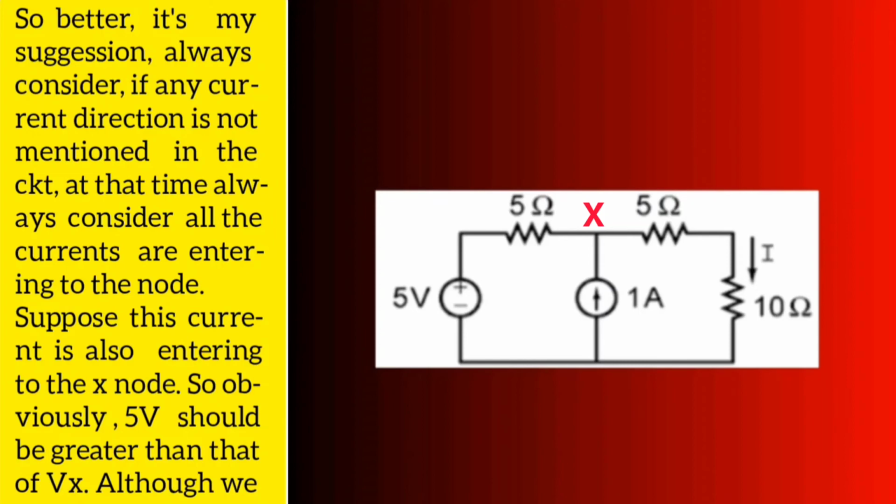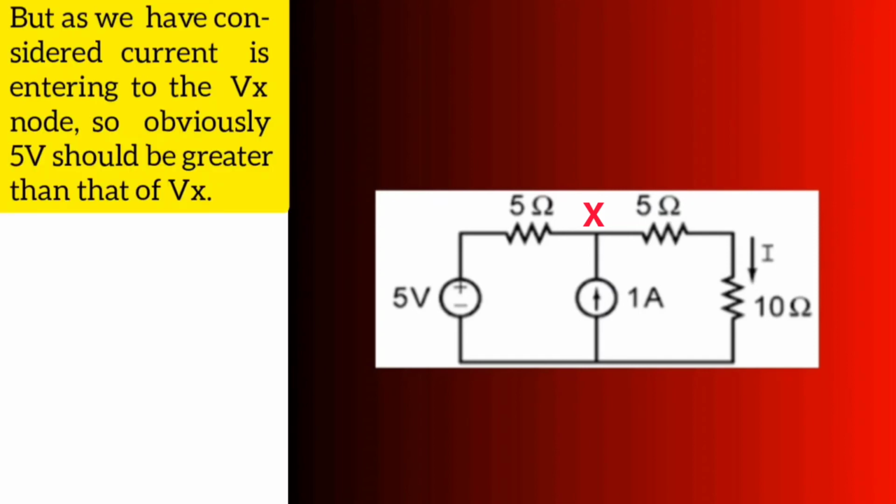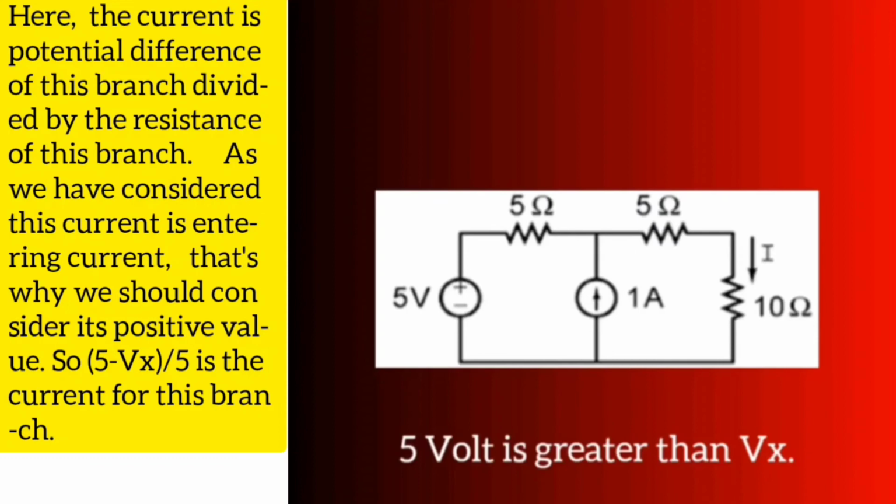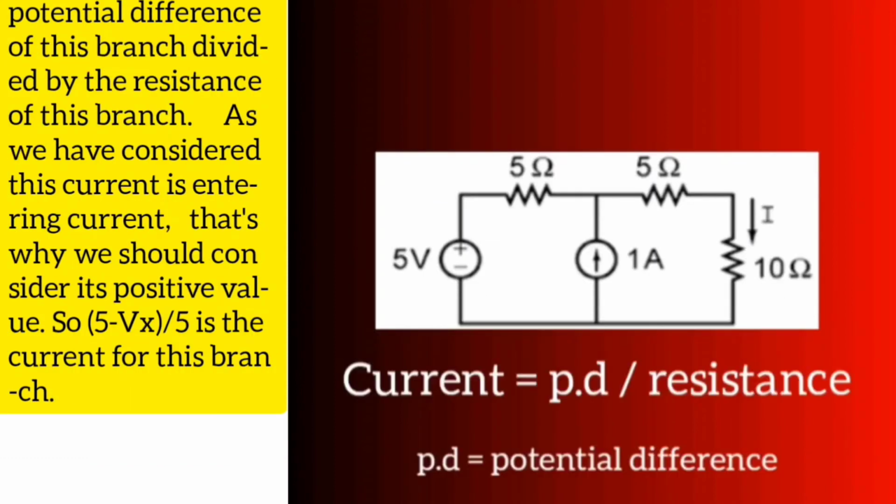Obviously 5 volt should be greater than Vx, although we don't know the value of Vx, because we have considered the current entering the Vx node. Here the current is the potential difference of this branch divided by the resistance of this branch.